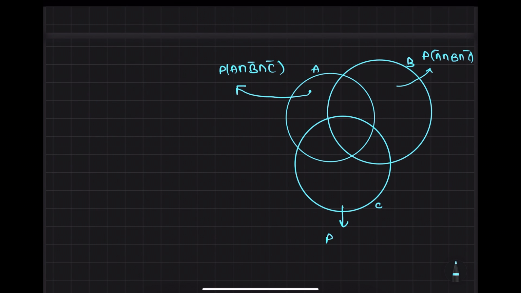Similarly, this will be probability of A intersection B intersection C, outside A, outside B, inside C.